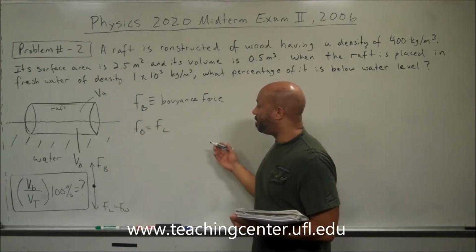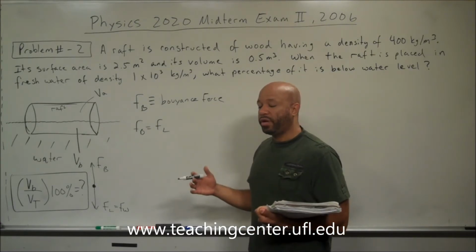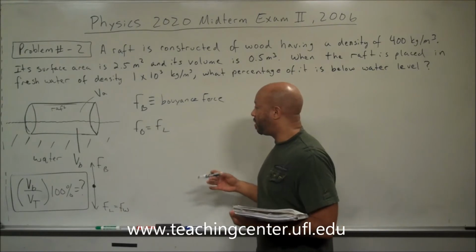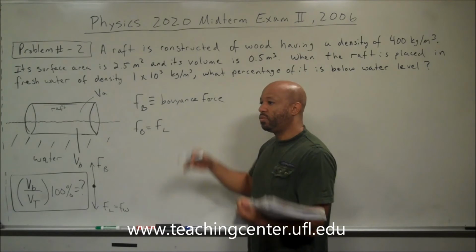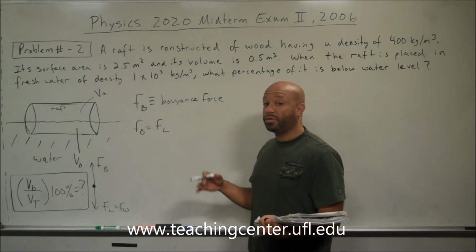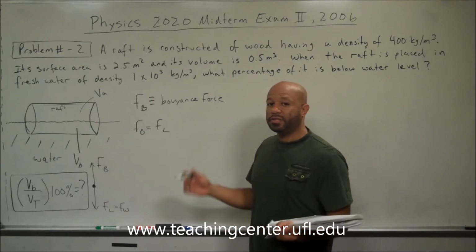It says you have some object that's floating in the water or submerged in the water, and the amount of force pushing up on that object is equal to the force of the liquid that's actually displaced.